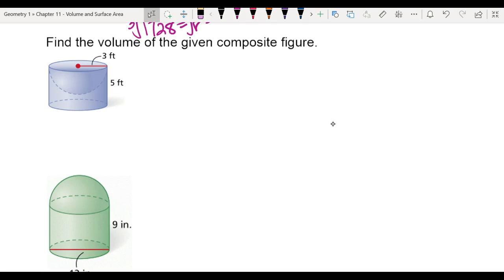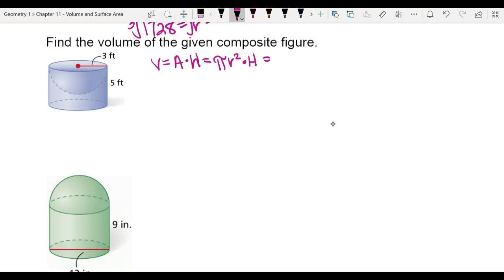You're only worrying about volume here. So what we need to do is we need to find the volume of the cylinder and subtract the volume of the hemisphere. So let's start with the volume of a cylinder. The volume of a cylinder is the area of the base times the height of your cylinder. The base of this is a circle. So the area formula for the base is pi r squared times whatever the height is of our cylinder.